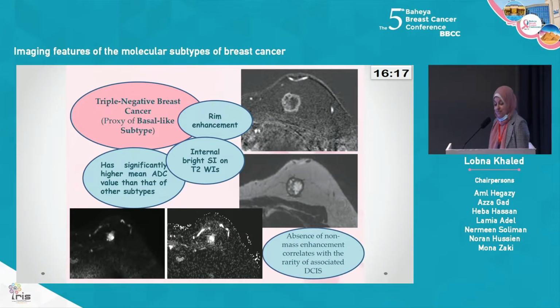In MRI, there is characteristic rim enhancement in post-contrast series, bright internal signal in T2 weighted images with a high ADC value compared to other types, denoting intratumoral necrosis. Absence of non-mass enhancement in these cases correlates with the rarity of DCIS.